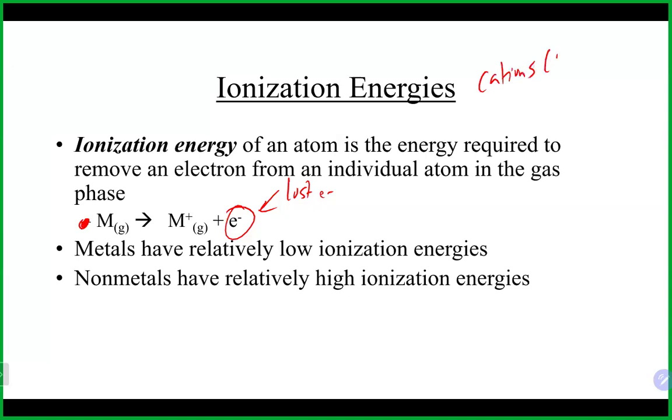Those are the guys that become positively charged as a result of losing electrons. Metals have very low ionization energy, which means it doesn't take a lot of convincing to remove electrons from a metal. Nonmetals, on the other hand, have very high ionization energy, which means it takes a lot of effort, if you will, to rip an electron out from a nonmetal. And it doesn't usually happen because of that.